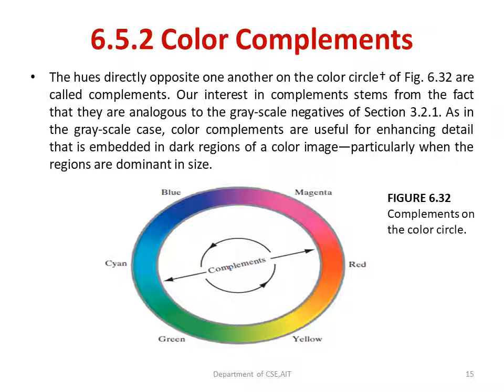As in the grayscale case, the color complements are useful for enhancing details. That means when we have dark regions in a picture, they can be enhanced, particularly when the regions are very dominant in size. That means with one particular color being dominant, we can enhance the image in this format.